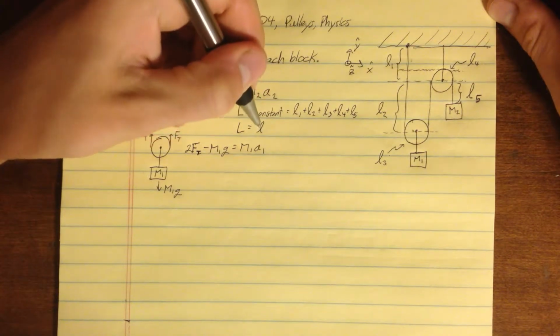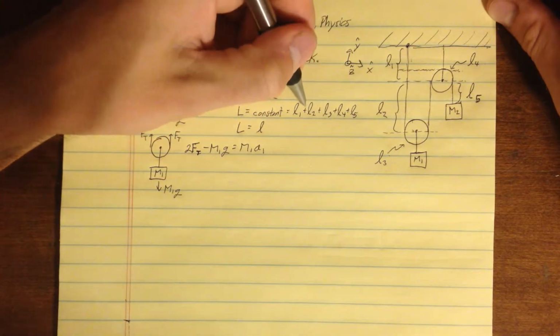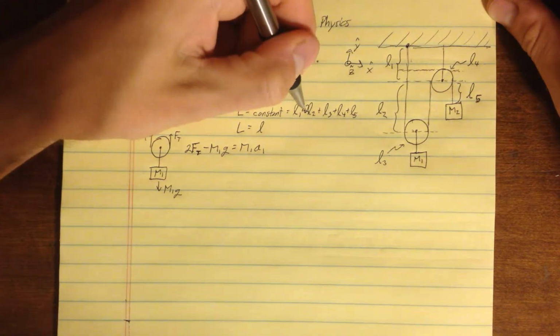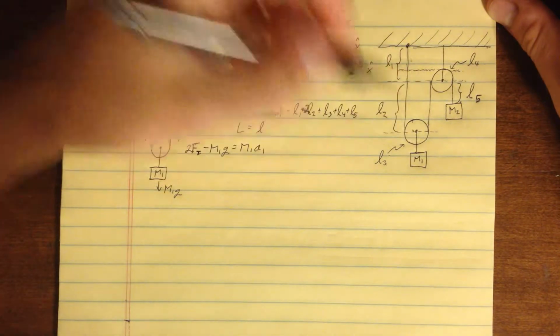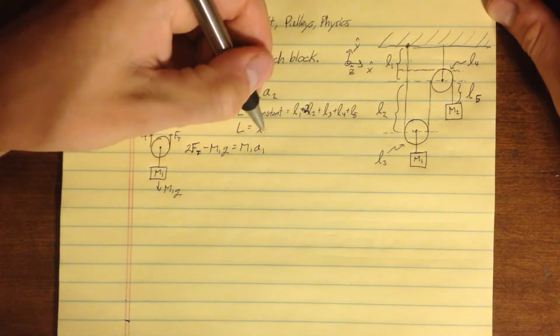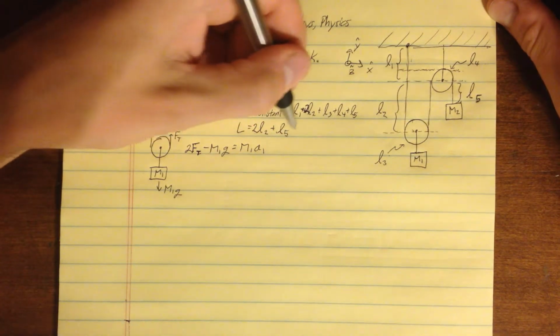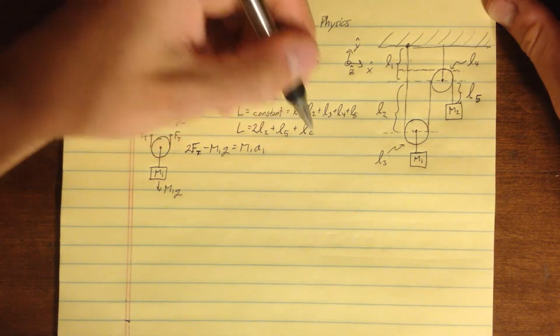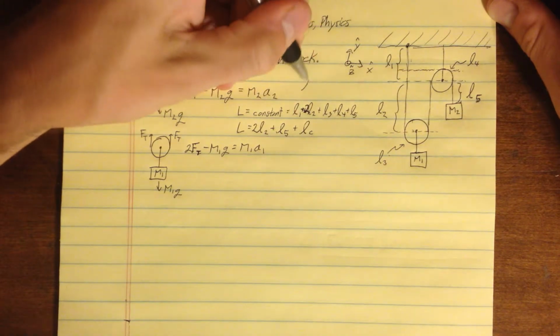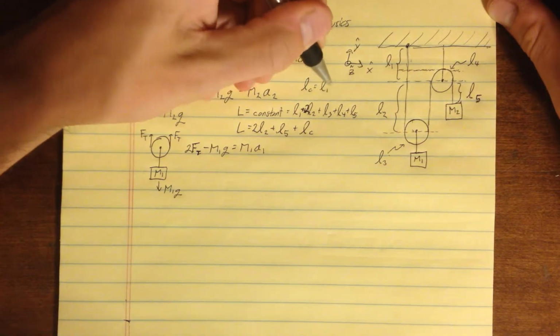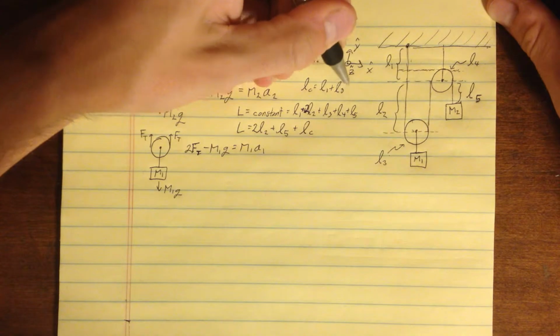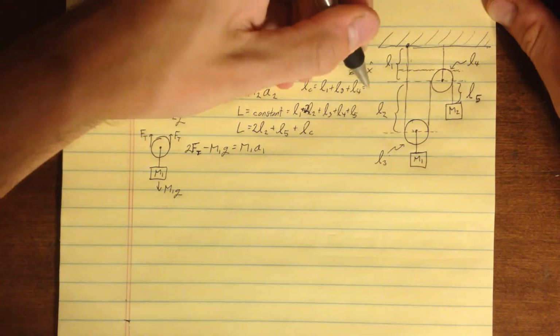So all we have is 2L2, because we have two lengths of L2, plus L5 plus LC, where LC equals L1 plus L3 plus L4, and that's a constant.